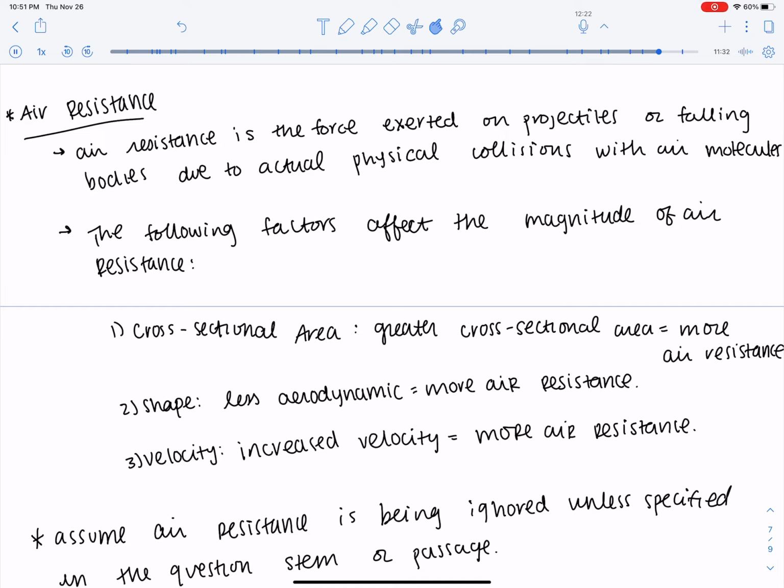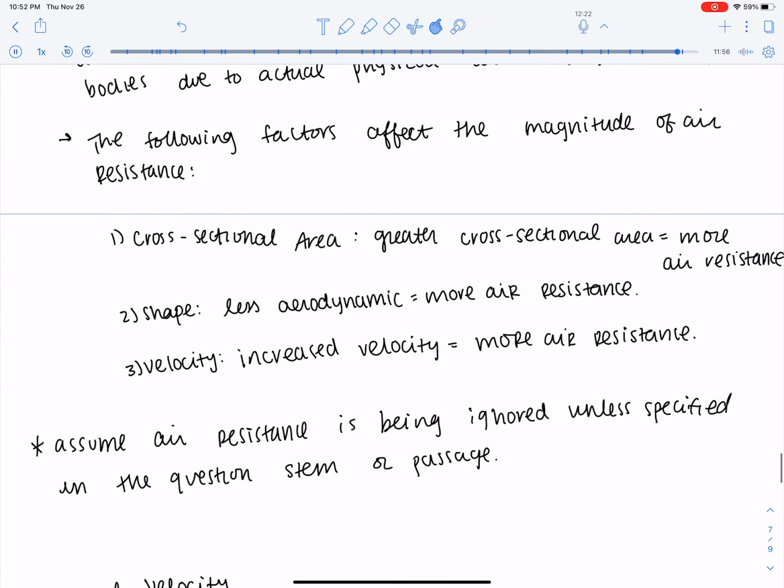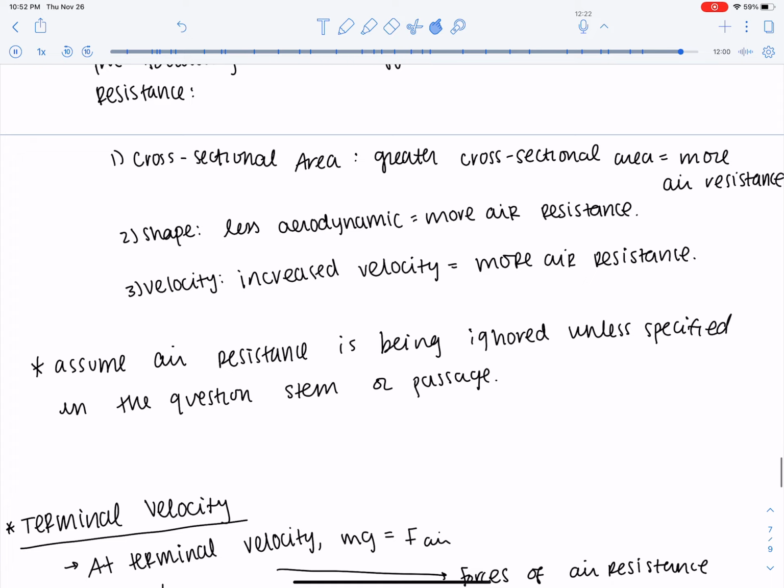If it is less aerodynamic, then there is more air resistance. And if there is an increase in velocity, there is more air resistance. But for most of the MCAT problems, we would have to assume that there is no air resistance, unless the passage or the question stem tells us otherwise.